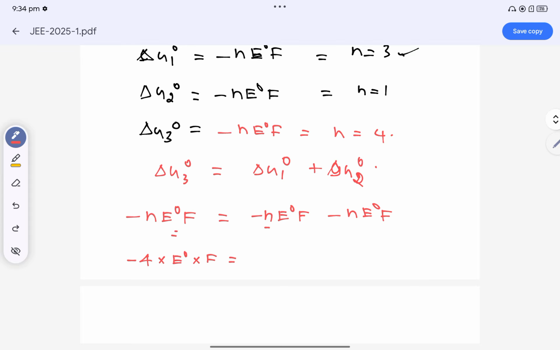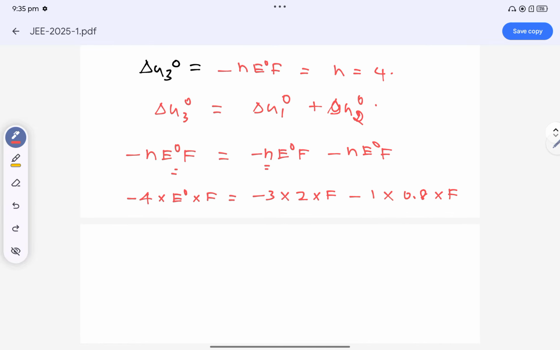Then del G1, what about the n value? Del G1, n is equal to 3, so minus 3, and the E naught value for del G1 is 2 into F. Similarly, del G2, what about the n value? 1. What about the E naught value for del G2? Yes, my dear student, 0.8 into F. Clear?